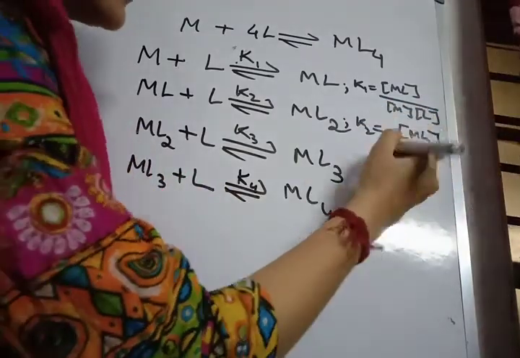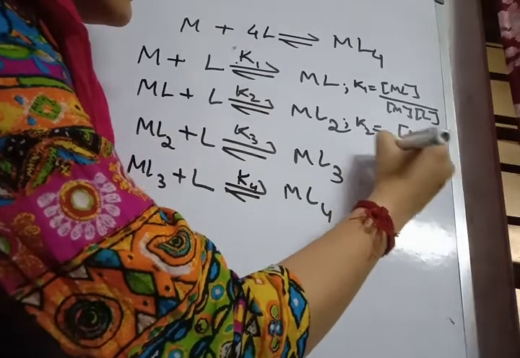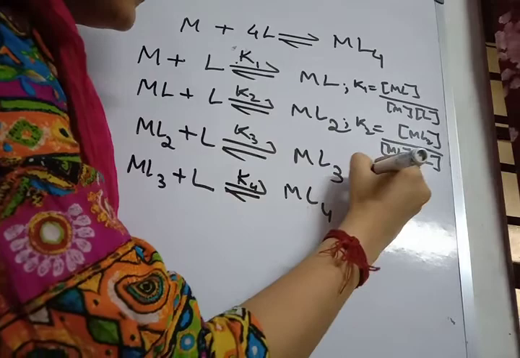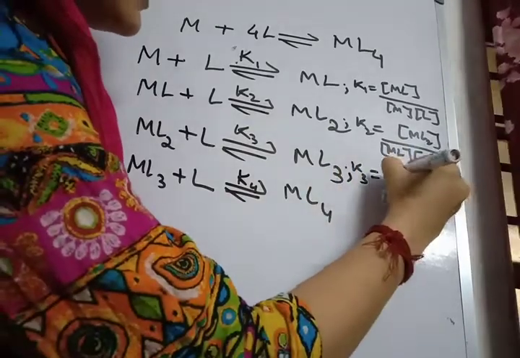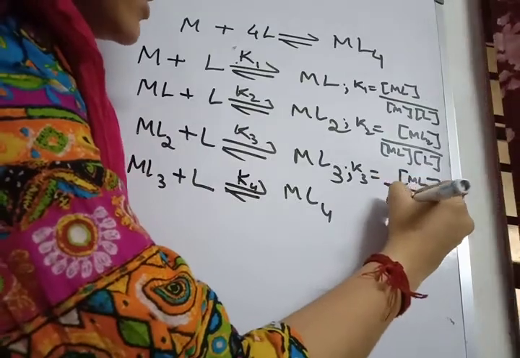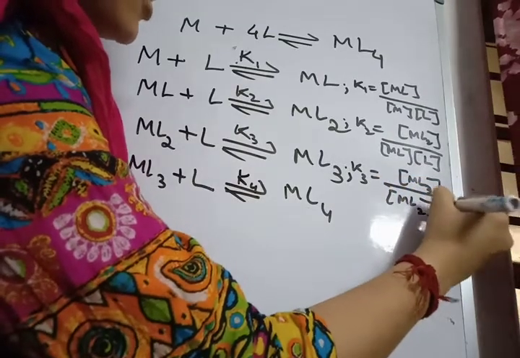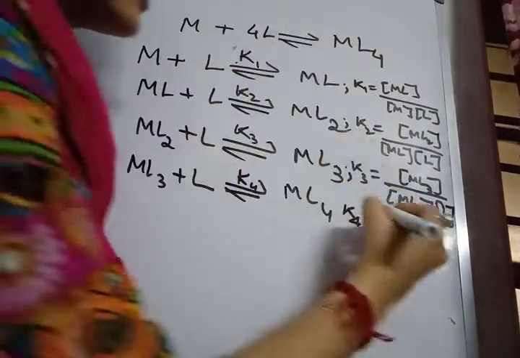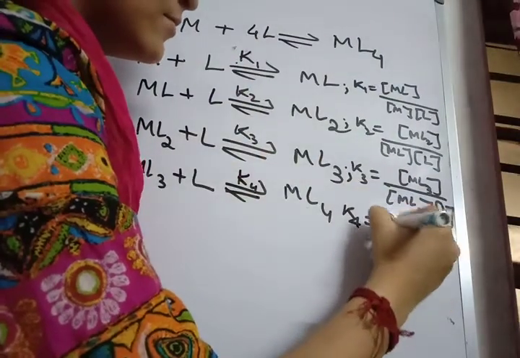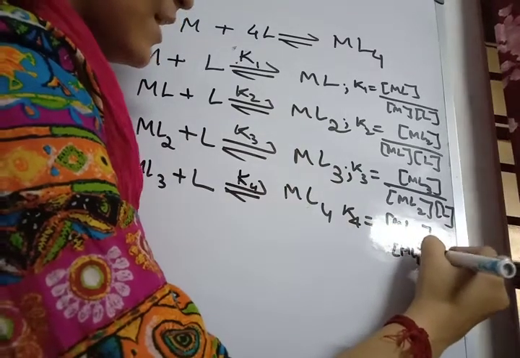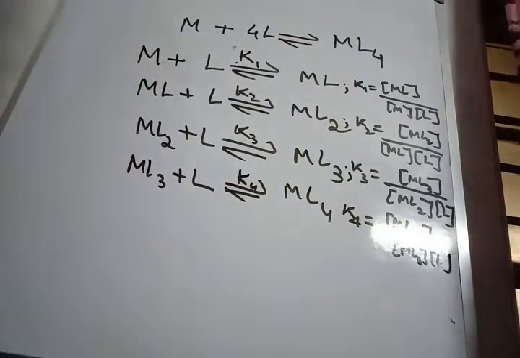Concentration of ML2 divided by concentration of ML into concentration of L. K3 will be concentration of ML3 divided by concentration of ML2, concentration of L. K4, concentration of ML4 divided by ML3 concentration, L concentration, right?